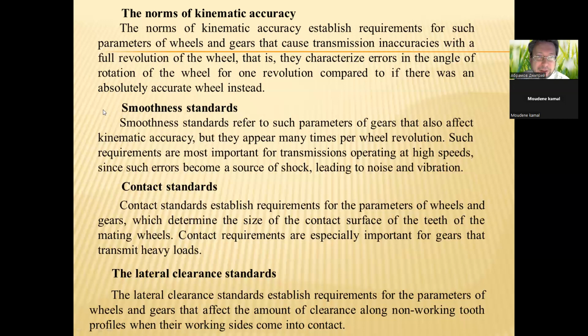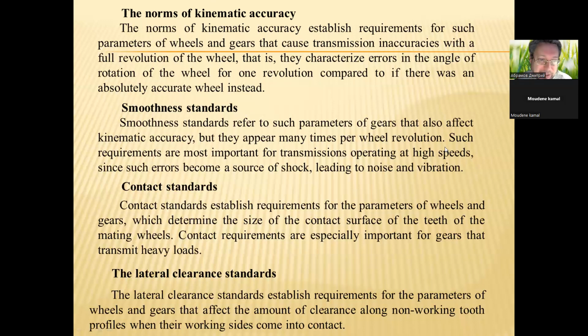The second group of standards is smoothness standards. Smoothness standards refer to such parameters of gears that also affect kinematic accuracy, but they appear many times per wheel revolution. Kinematic accuracy is only one revolution, and smoothness standards are many times per wheel revolution.